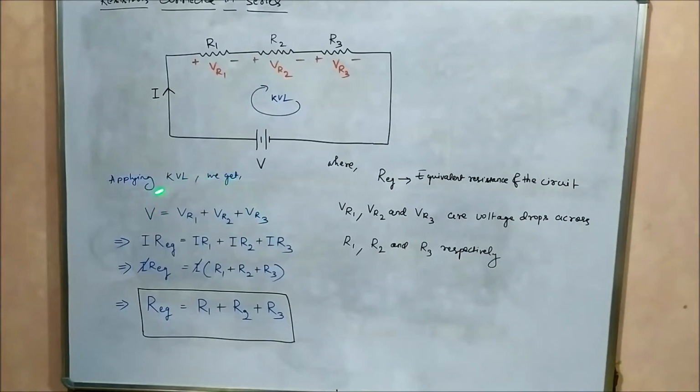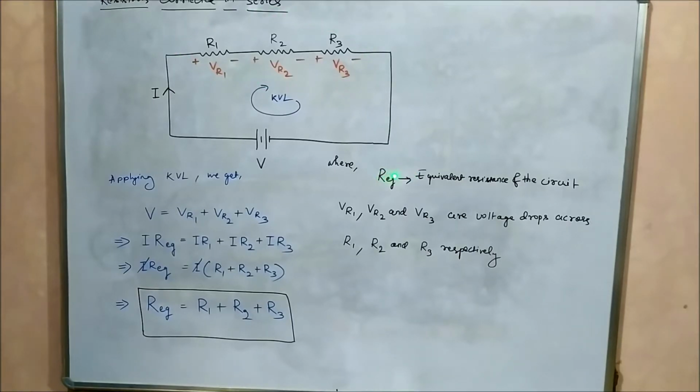Now, this total voltage can be expressed as the total current I, which is the total circuit current, the series current, times the equivalent resistance of this series circuit, the equivalent resistance of these three resistors combined.